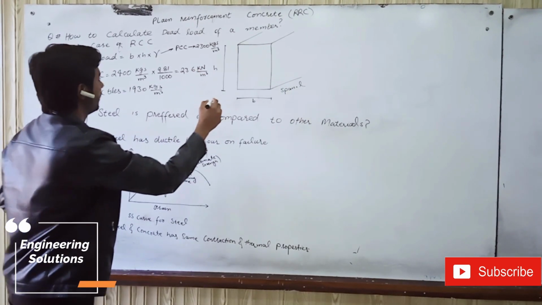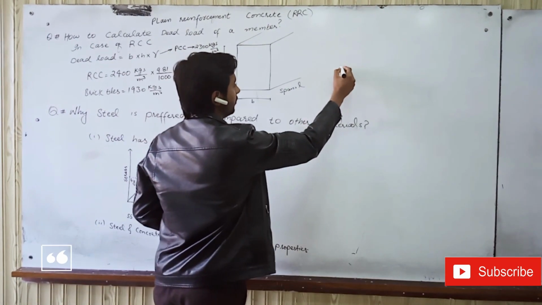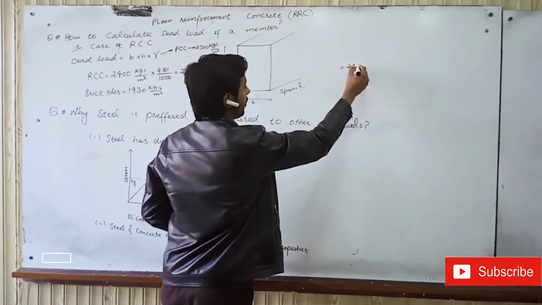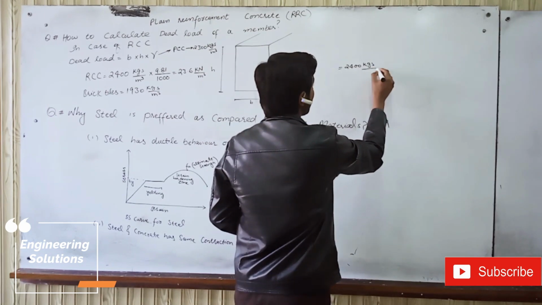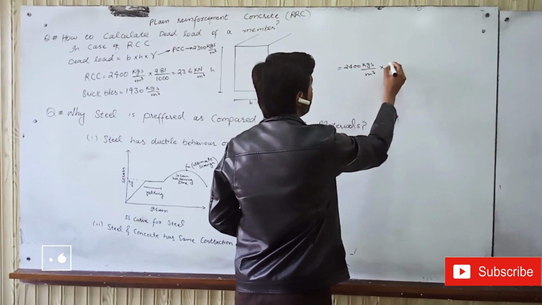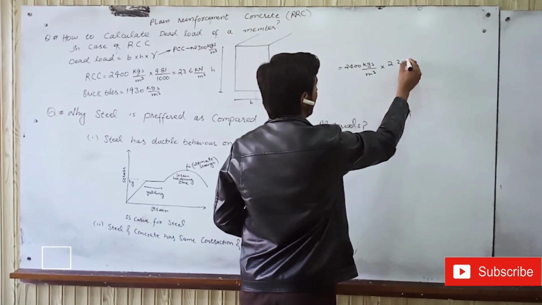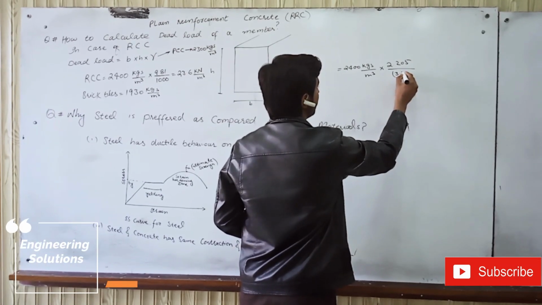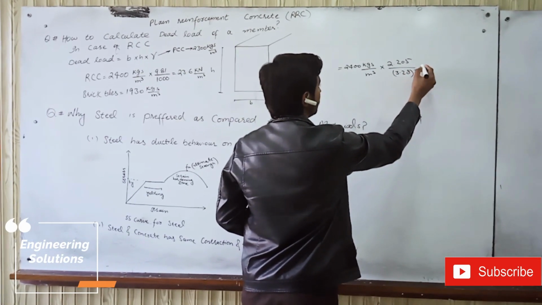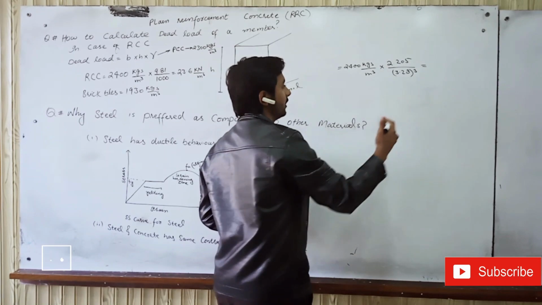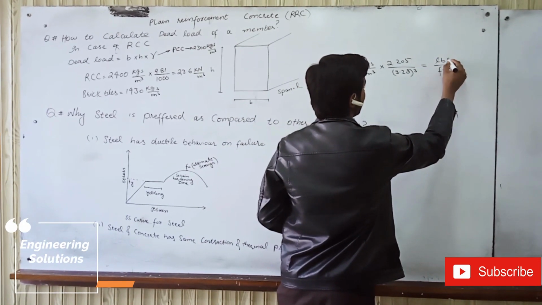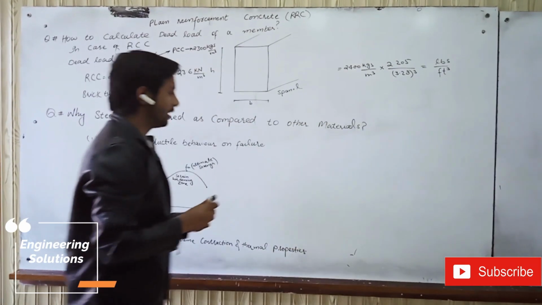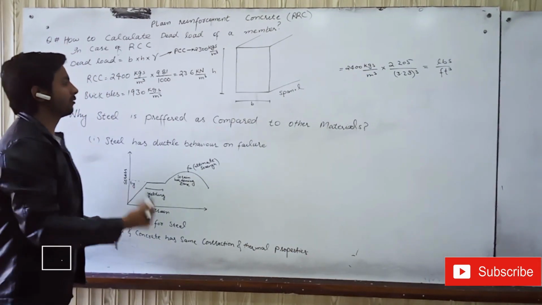Similarly, if we multiply the density 2400 kgs per meter cube by 2.205 and divide by 3.28 cube, we will get the result in lb per feet cube. So these are the unit conversions that we have to face during the calculations.